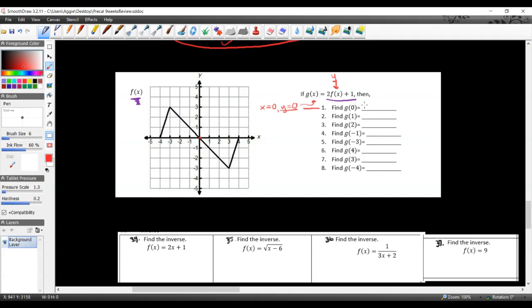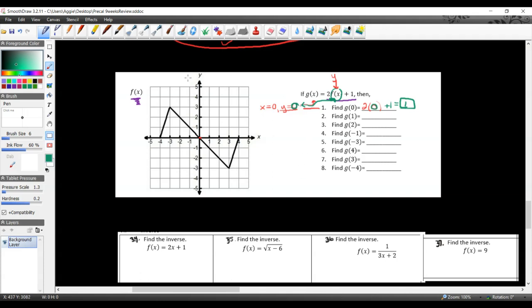So it's going to be 2 times, well, now f of x is 0. So y is equal to 0. I'm taking this right here and I'm plugging in what it's equal to. So this is the same as that. So 2 times 0 plus 1. Well, 2 times 0 is 0 plus 1 is equal to 1. So the first one is just 1.